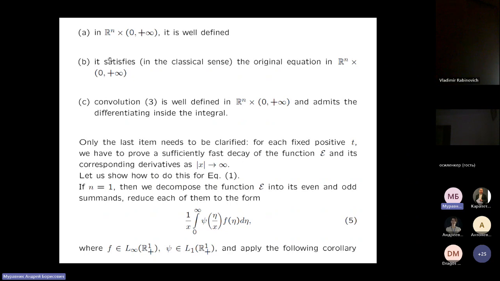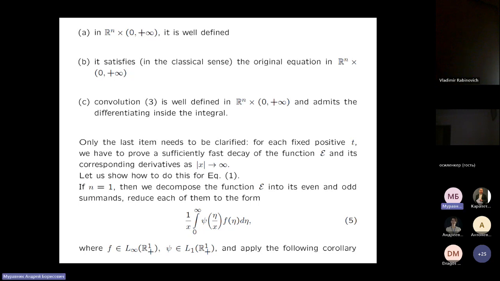And once we have A and B, then we have to prove that the convolution is well defined in this half space and admits differentiating inside the integral. Actually, we have to clarify only the last item.